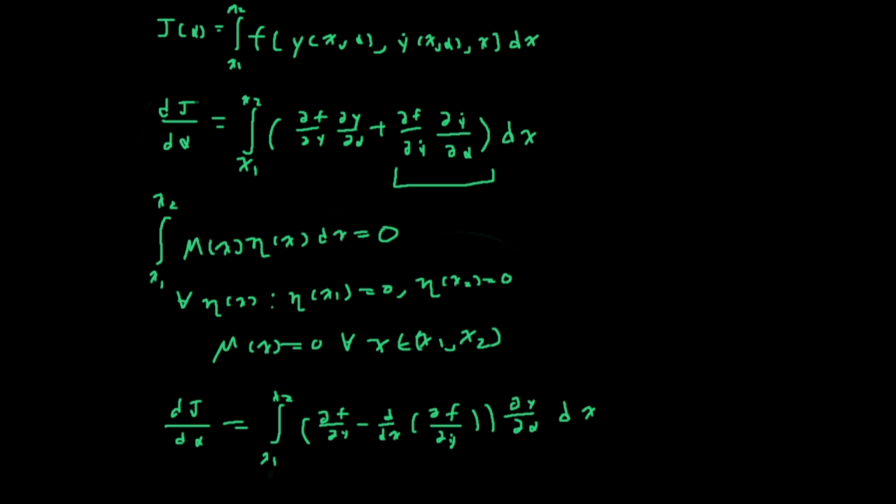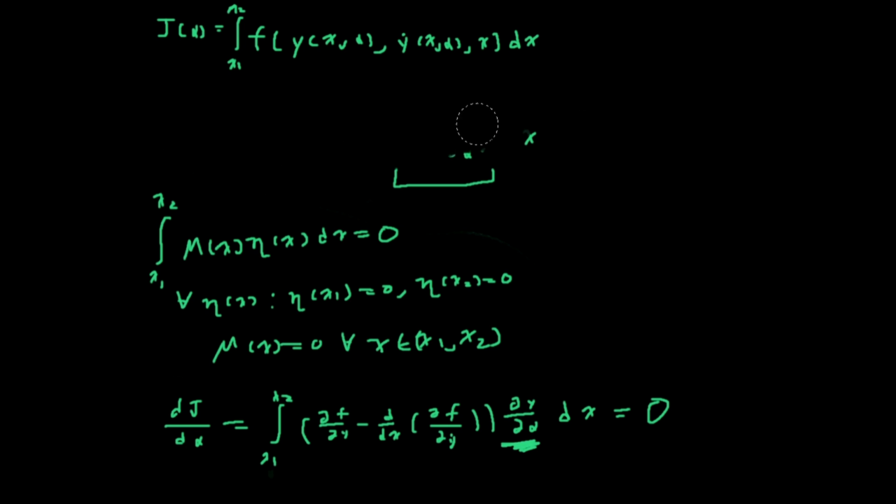So what we can do here is, this function right here is going to vanish at the endpoints, so that can be our eta of x, and then this function right here is going to be equal to 0 at alpha equals 0, right? Because we said that we want dJ d alpha to be 0. So by the fundamental lemma of the calculus of variations, this part right here is going to be equal to 0.